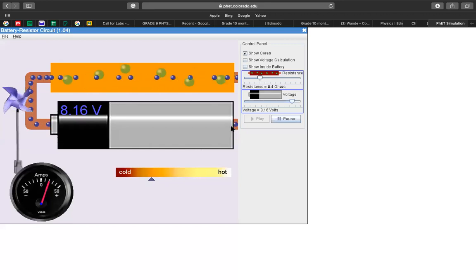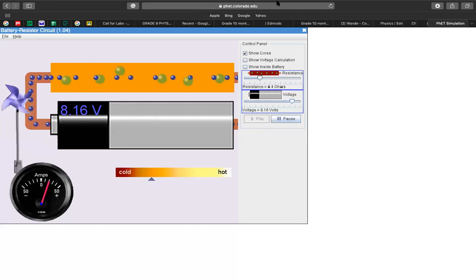Electrons usually flow based on the orientation of the battery. They usually go from the negative end around to the positive end. This section with the bump here, if you take a battery out of the remote, you will see is the positive side.